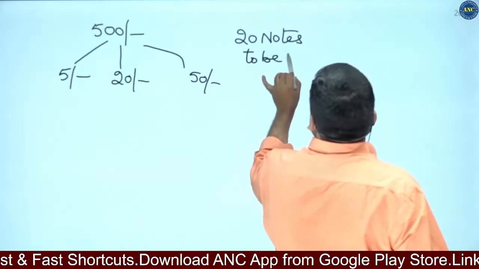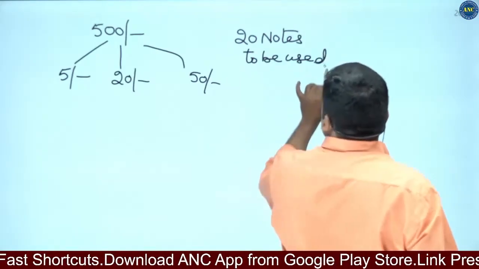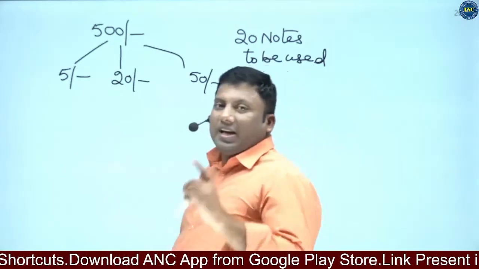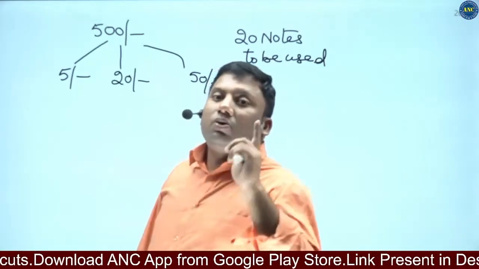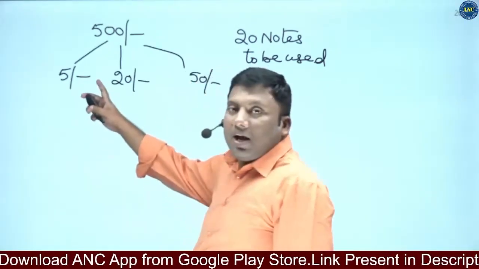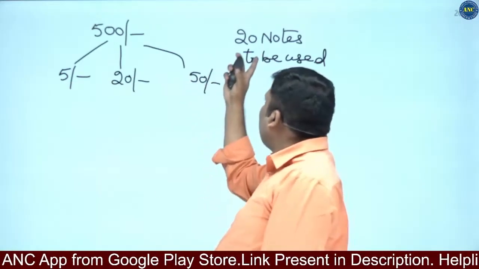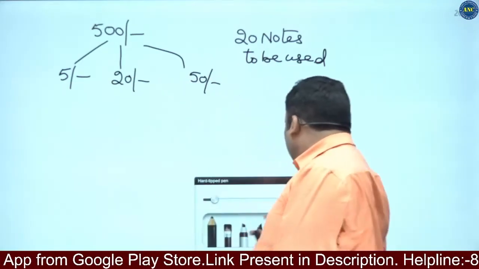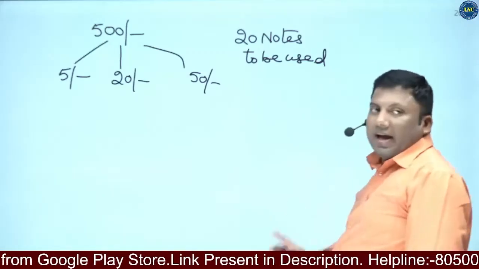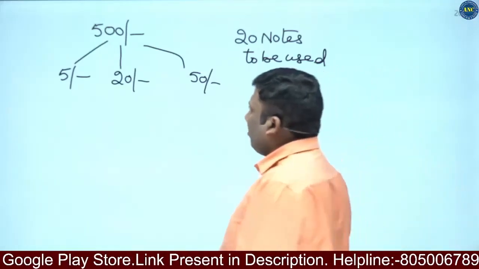In how many ways can I give 500 rupees using currency in the denomination of 5 rupees, 20 rupees and 50 rupees? That too exactly 20 notes need to be used.